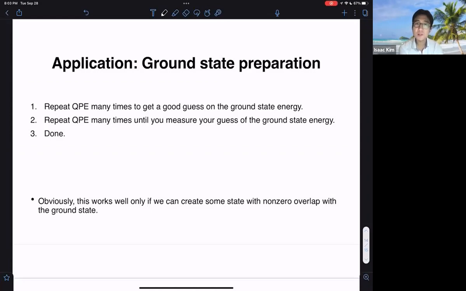But if you use quantum phase estimation, you can filter out the states that have higher energy. I think filtering is a good analogy, because you post-select on successfully measuring the ground state energy. So you may fail, but when you do succeed, you know you got a good representation of the ground state.